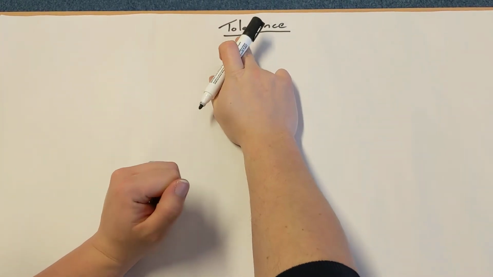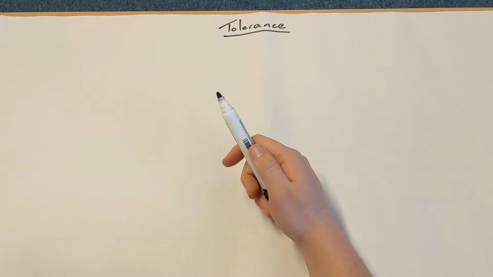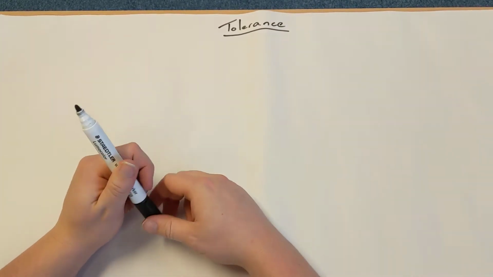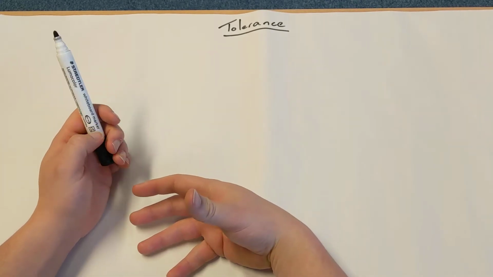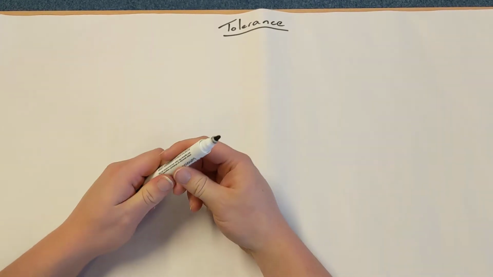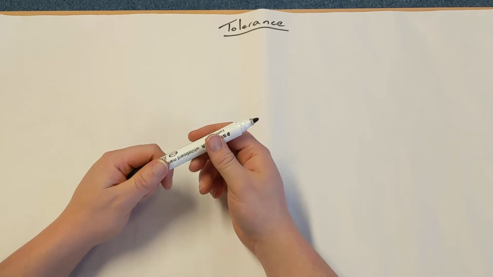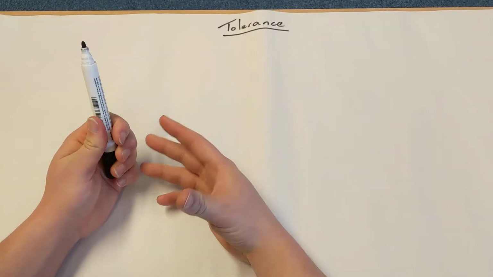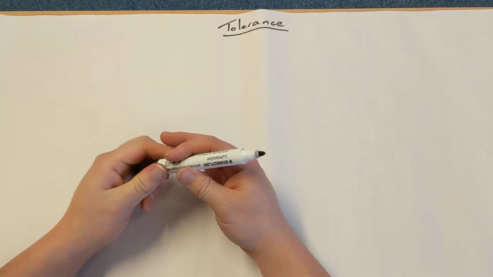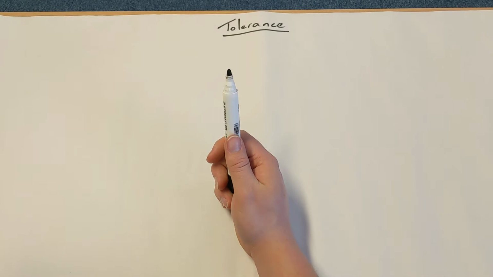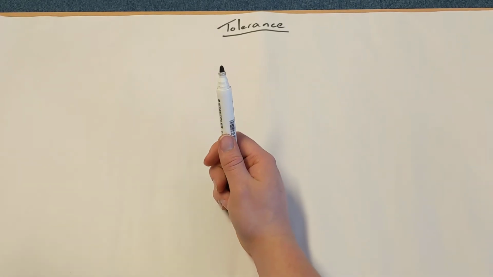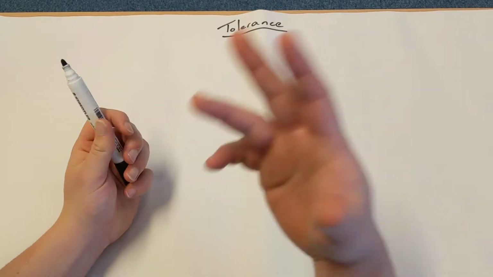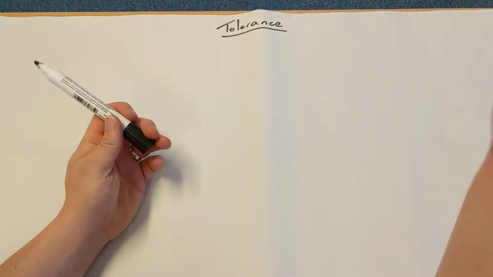What we're looking at now is something called tolerance. Now, you might not be familiar with the word in a mathematical sense, but you're probably familiar with the idea of what it actually means in maths. Basically, tolerance is the idea of saying you can have somewhere in a range of values and it would still be acceptable. So think of, for example, if you were in tech and you were making a piece of a sculpture or a piece of something for tech.